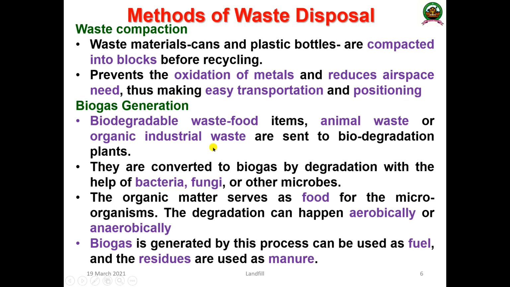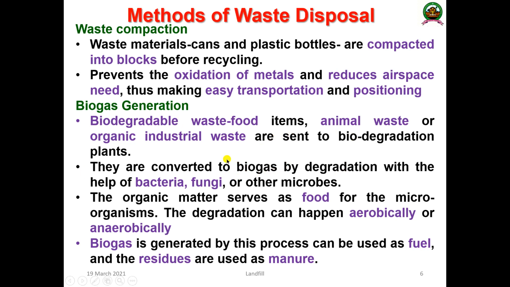The biodegradable food materials such as organic waste material, animal waste, and such kind of waste are sent to the biodegradation plants, and in these plants there is a conversion of the waste material by the utilization of microorganisms. The waste is degraded by bacteria, fungi, or other microorganisms such as actinomycetes.